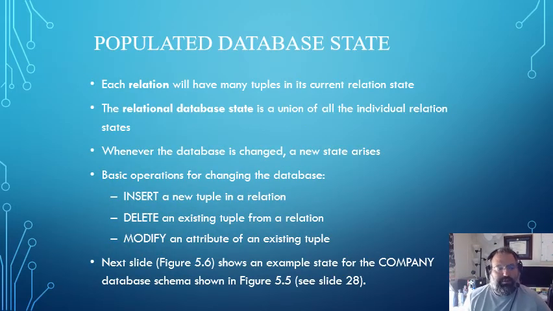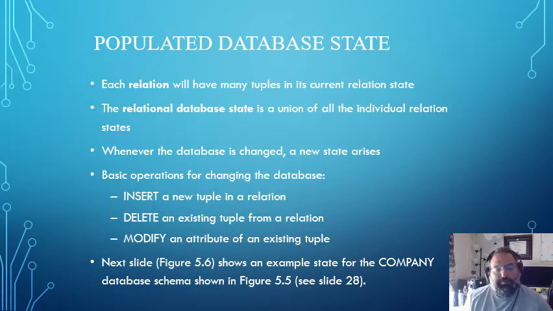Populated database state. Each relation will have many tuples in its current state. The relational database state is a union of all individual relational states. Whenever the database is changed, a new state arises. Basic operations for changing the database: insert is when you add a new tuple to the relation. Delete is when you remove one, and modify is when you change an existing tuple.